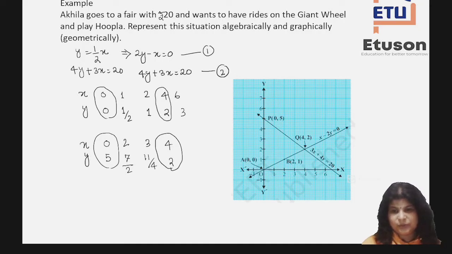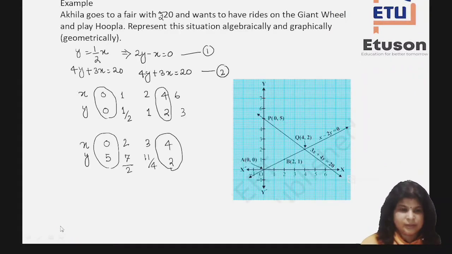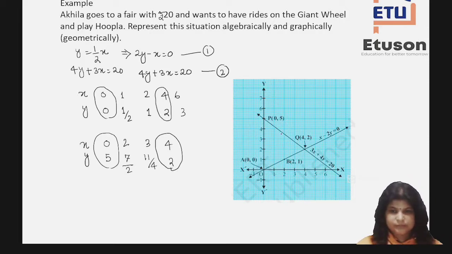This represents 3x plus 4y is equal to 20, that is equation 2, and this represents your equation 1.